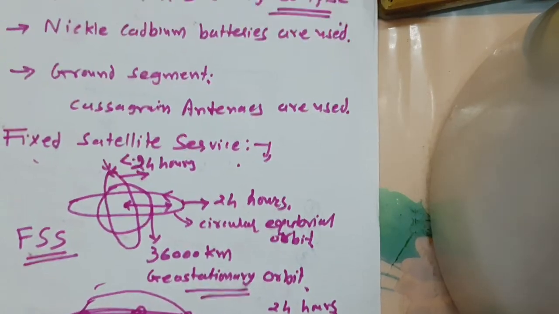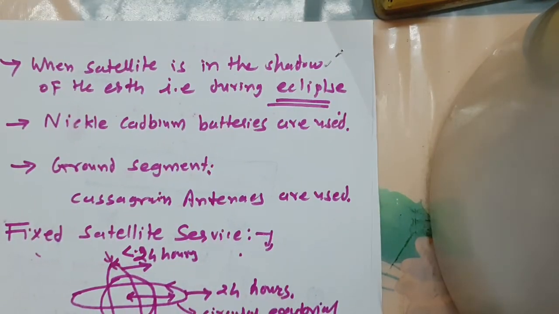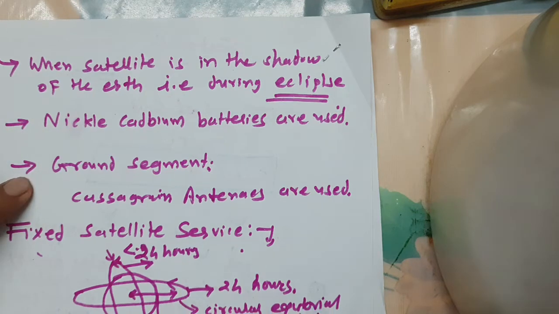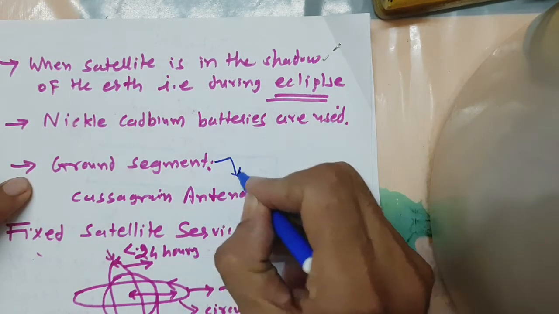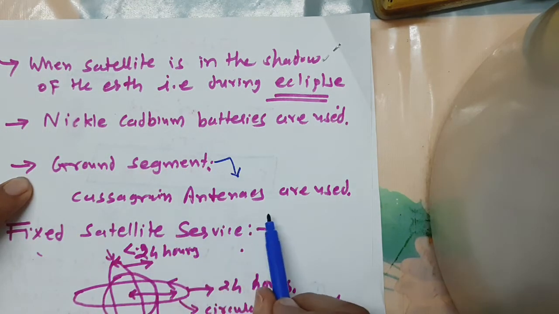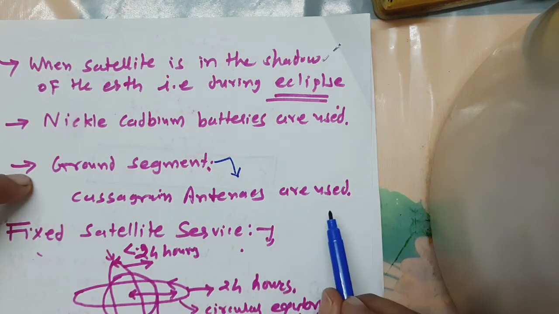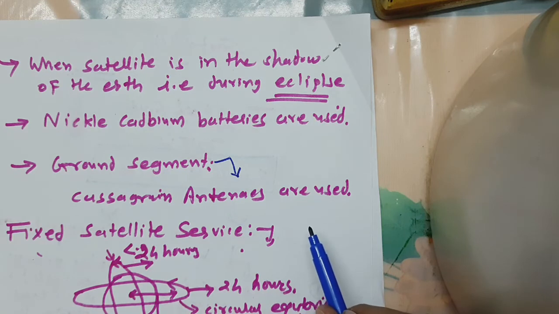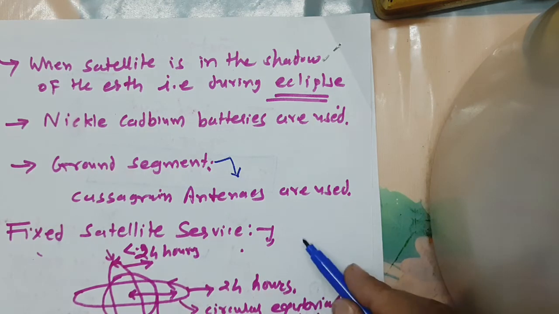When the satellite is in the shadow of the earth, that means during eclipse, nickel cadmium batteries are used. In the ground segment, we are using Cassegrain antennas for receiving and transmitting the signals.